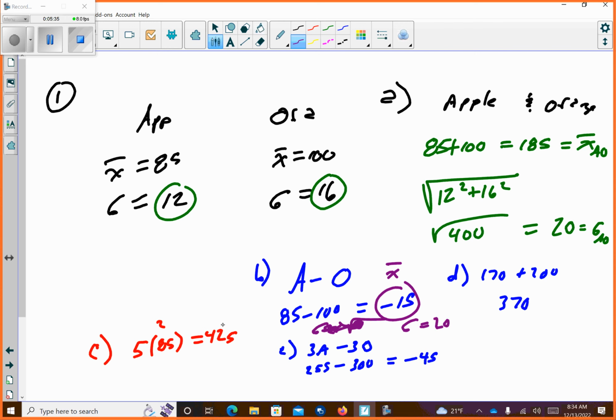Letter C, this is our new mean. Letter C, 5 apples, 425, we have that. The standard deviation of 5 apples, so this is the new mean here, but the standard deviation is going to be root 85 squared times 5. I'll just grab the calculator because I can't do it in my head.